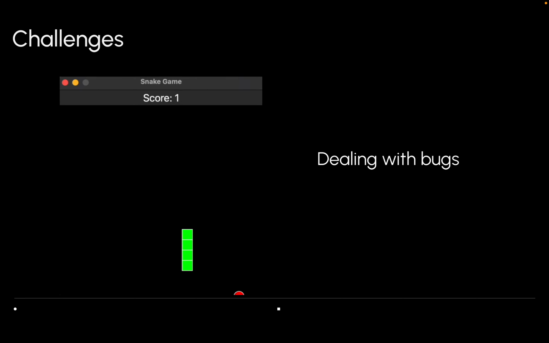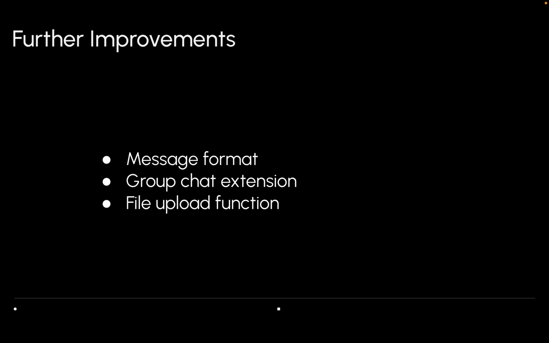Another challenge is that we are still dealing with some bugs. For example, during some operations, the food of the snake will clip outside the screen, making it unreachable, and users cannot get any scores. This is a bug that influences the consistency of the game experience, and it should be fixed later. There are some other further improvements.